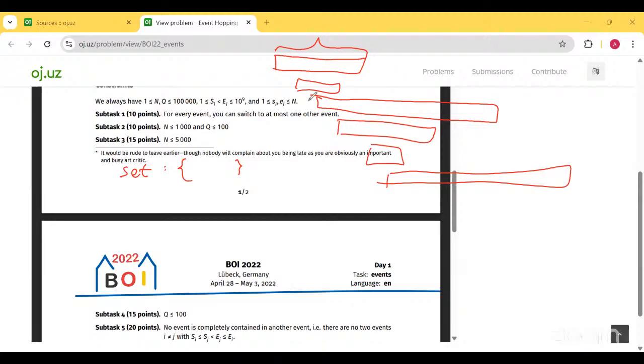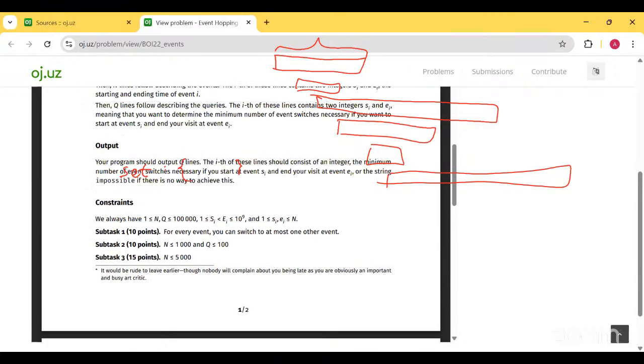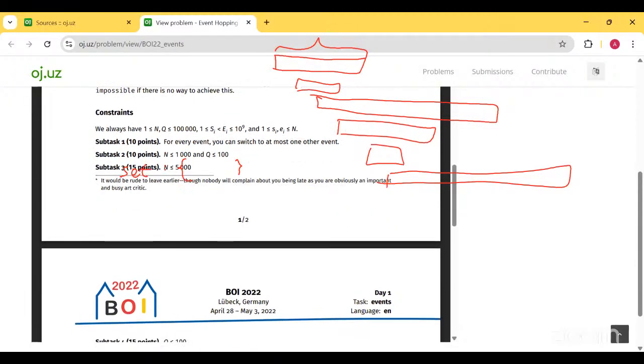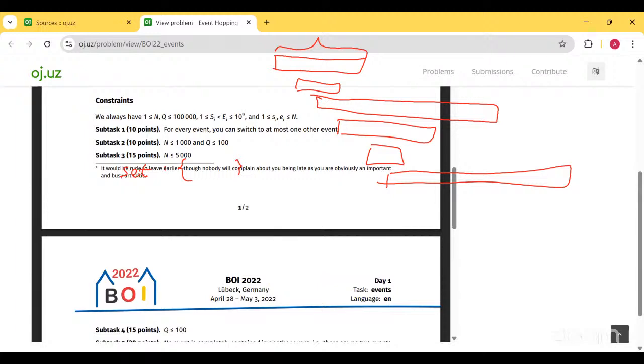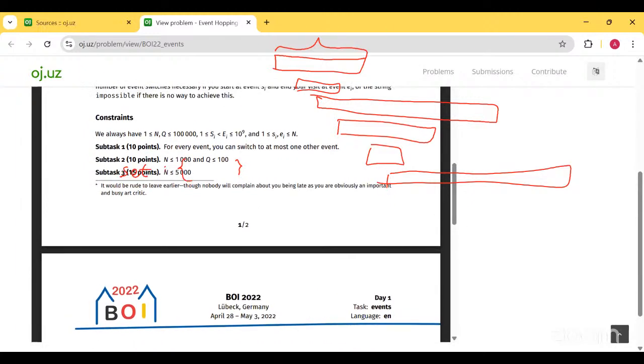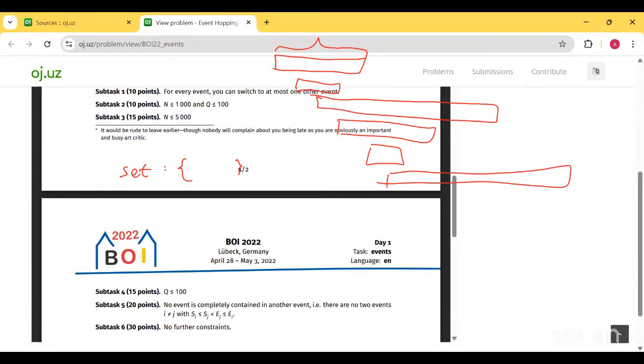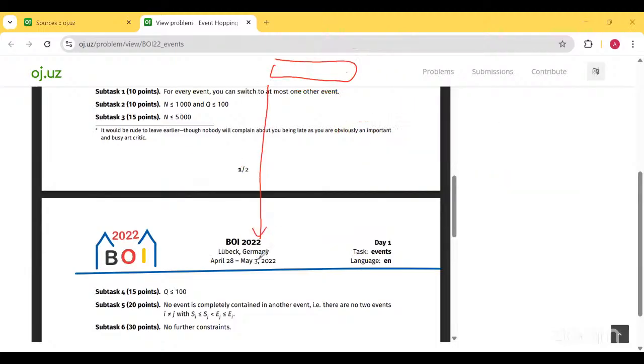So should we sort the intervals? If we need to sort them, then based on what? Based on L or R? Alright. Okay, so no need to sort them. Only push the starting point of node 1, for example, like this.